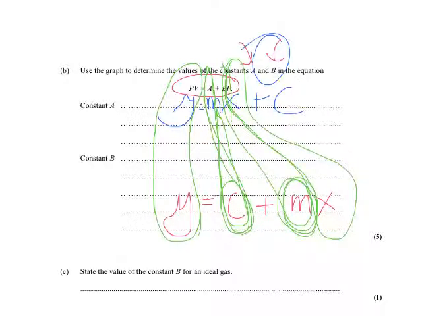Okay, I'm going to give you the answers that you should get, but because I can't go back to the slide, I'm just going to sketch it out here. You have your line there. How do you find constant A? You literally just read it off the axis. So you find that value there.